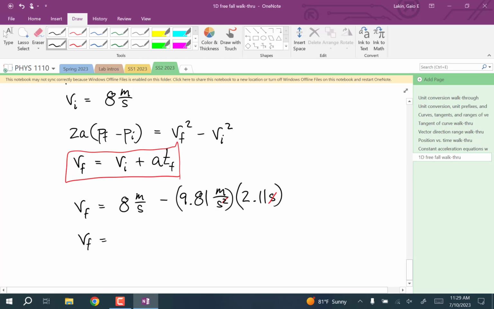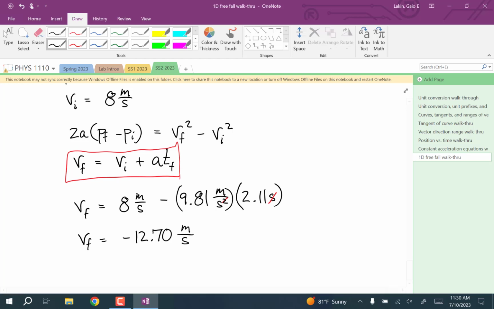And let me plug this in quickly. So we have 8 minus 9.81 times 2.11. And we get an answer of negative 12.70 meters per second.